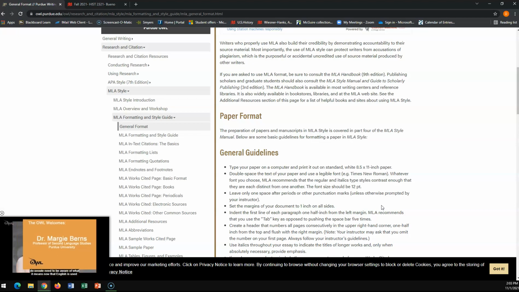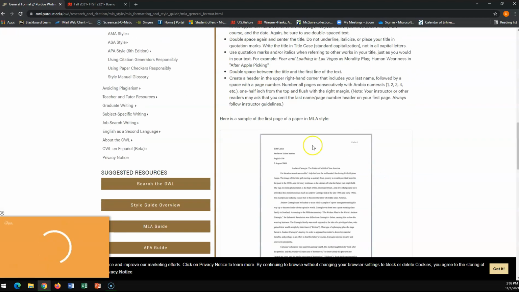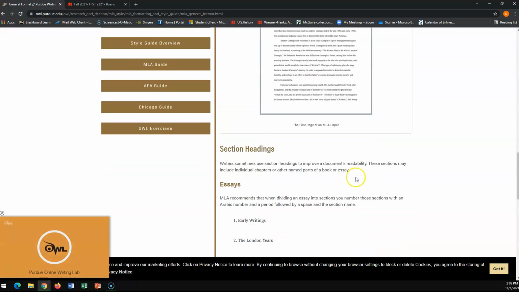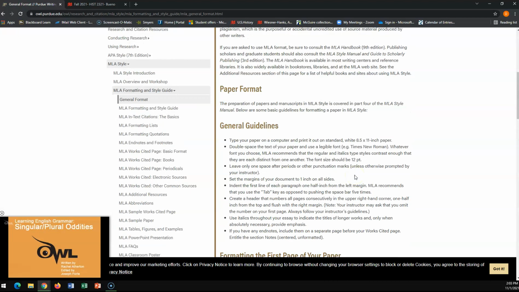It's always going to be double spaced. You're always going to use 12-point font. You always have 1-inch margins. You always have indented paragraphs. You always use in-text citations. You have a certain first page that it looks like, and this gives you samples of what that is supposed to look like. What they also do is tell you how to cite things.